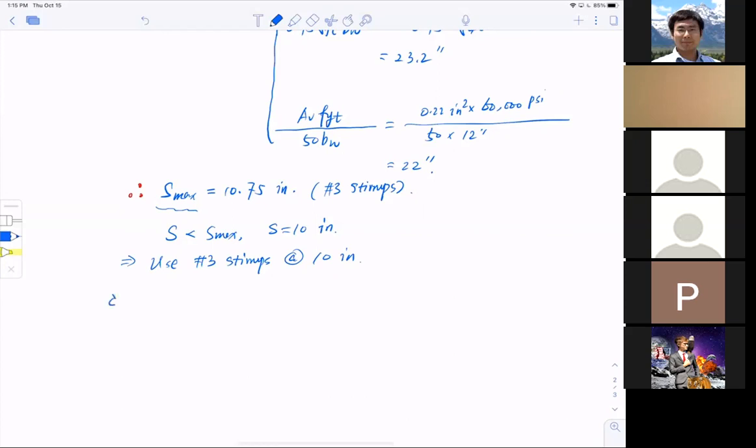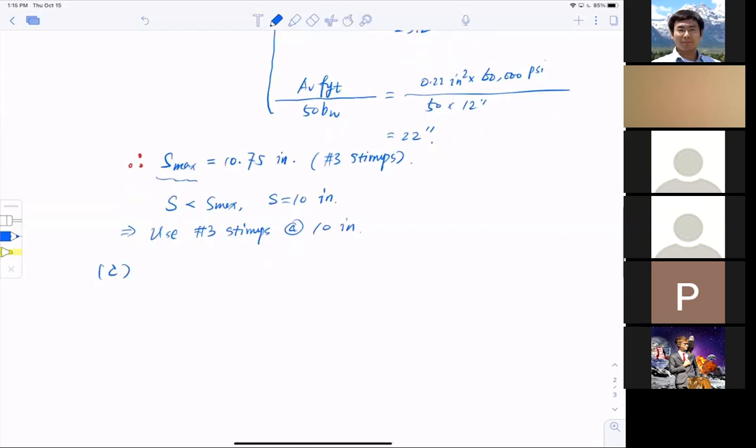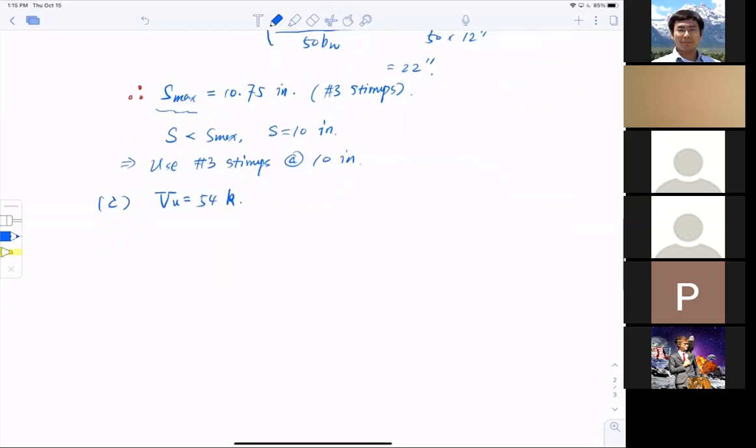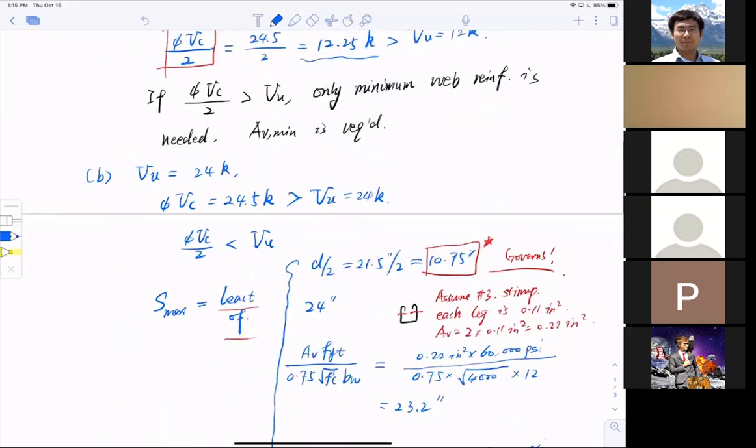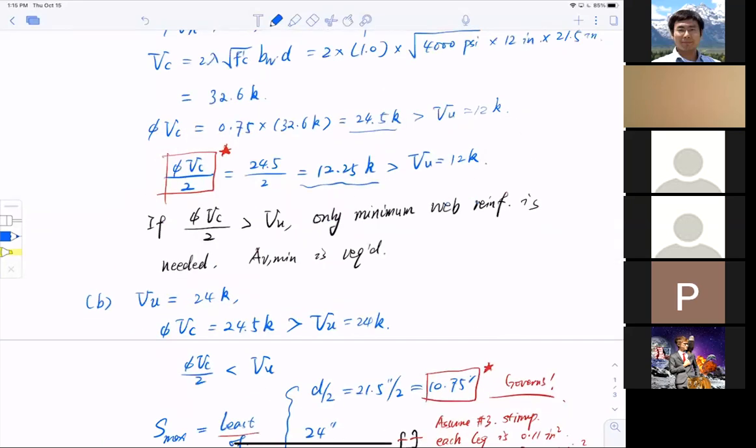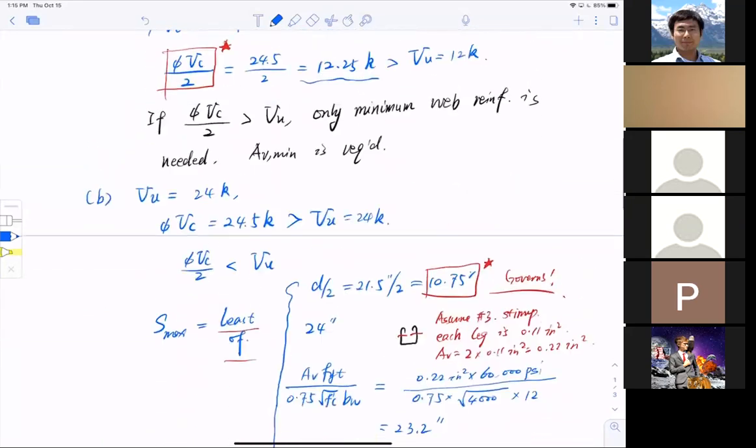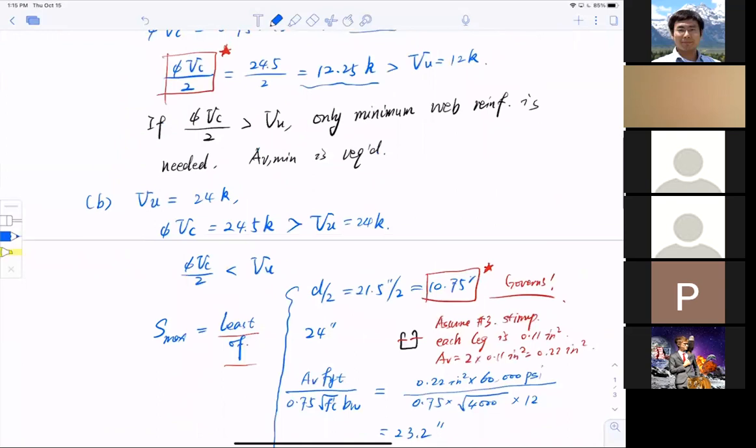Okay, so next problem for C, Vu equal to a bigger number, 54 kips. Now in A and B, I only need a minimum reinforcement. In case A, really just provide a minimum reinforcement. You throw in anything that will satisfy.